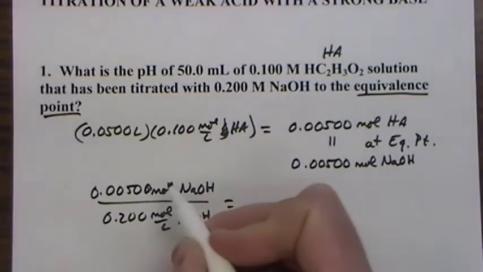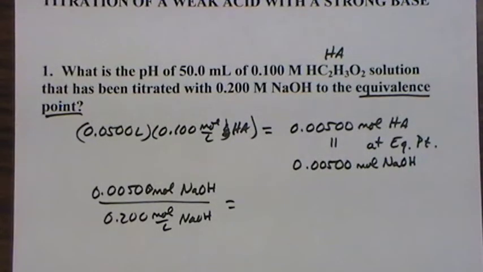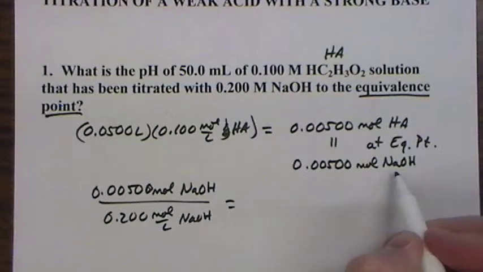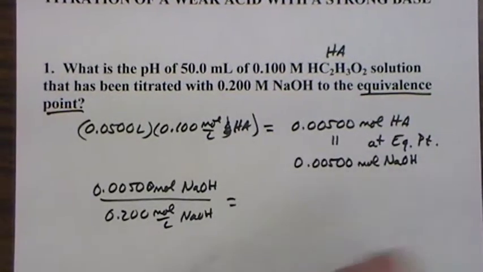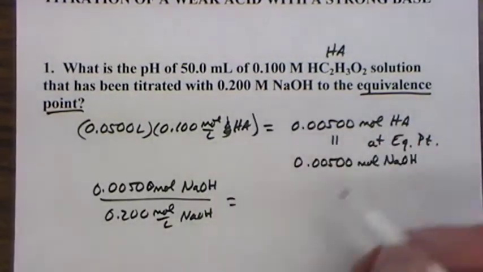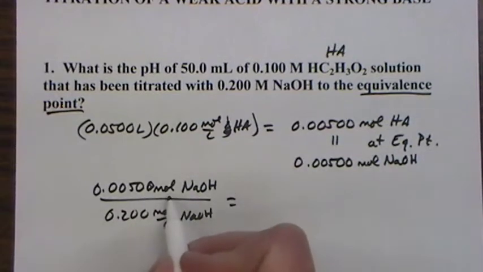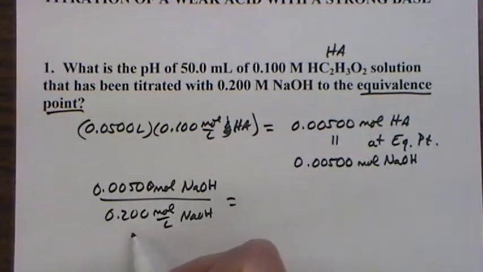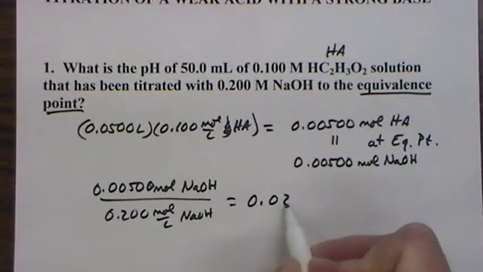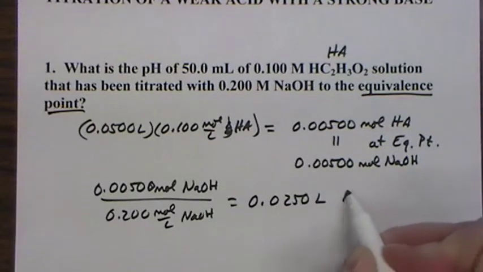Up until this point, we didn't know how much had to be added. Now we know how many moles are needed, and that's part of a 0.2 molar solution. So if we divide the moles of sodium hydroxide by its concentration, we get 0.025 liters of sodium hydroxide.